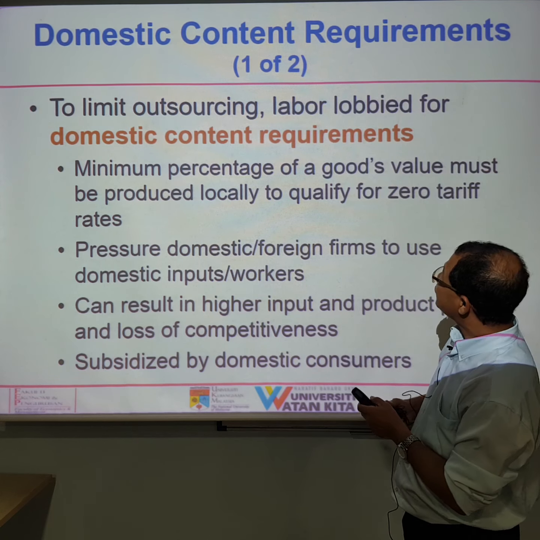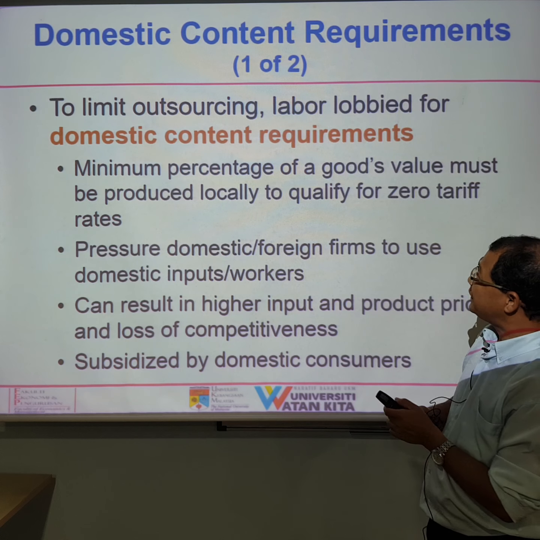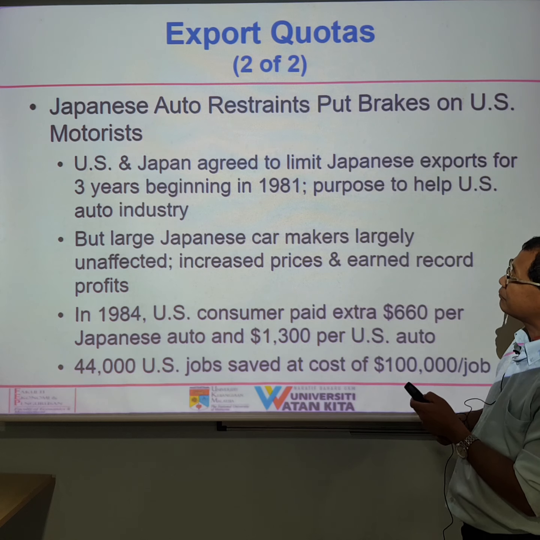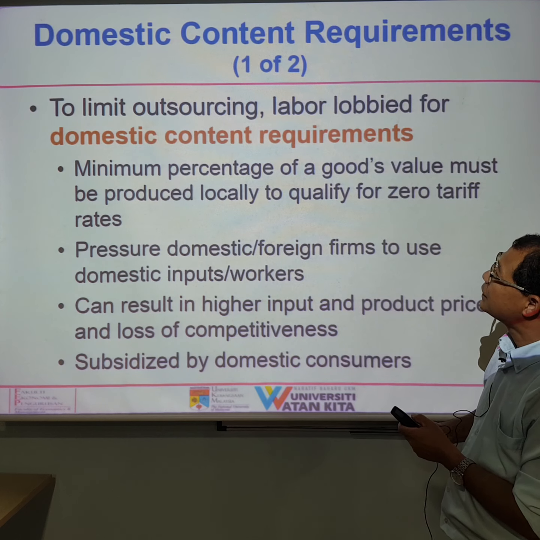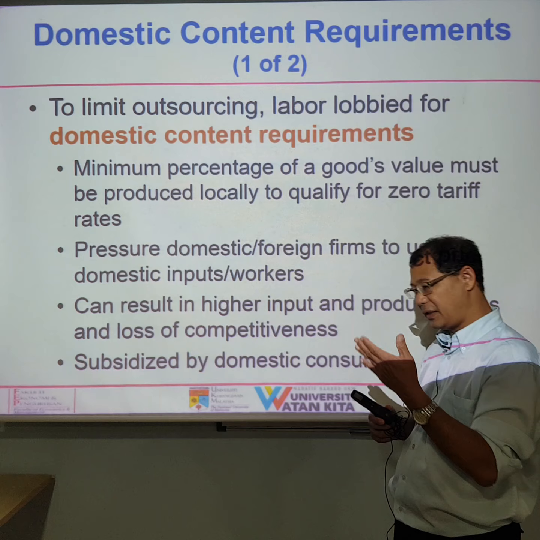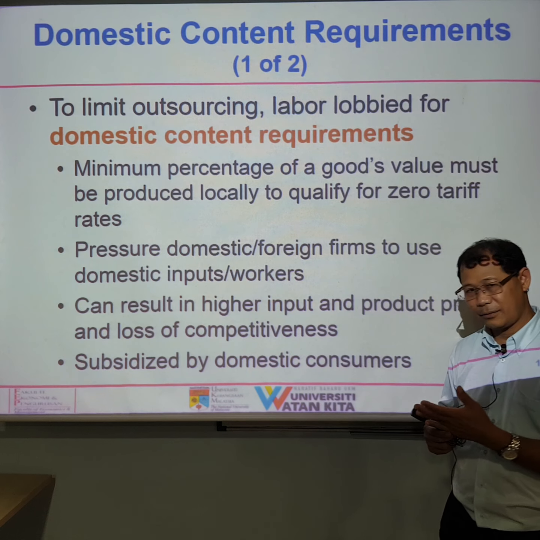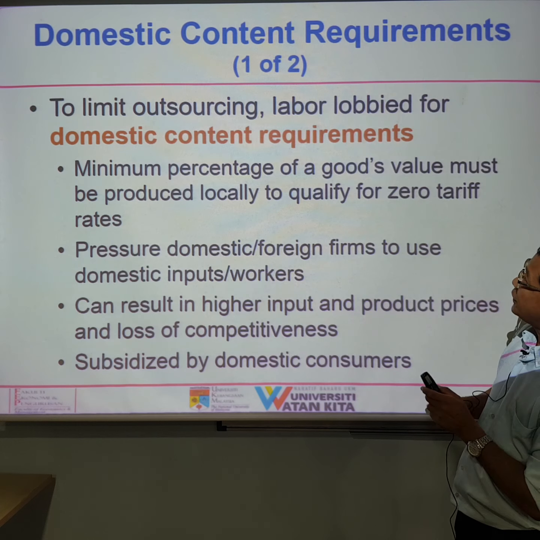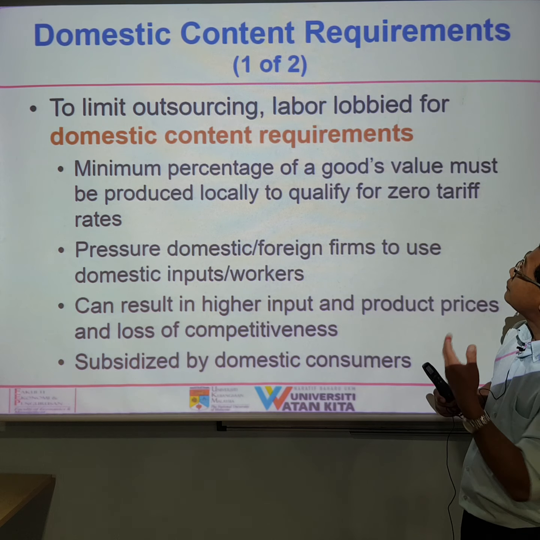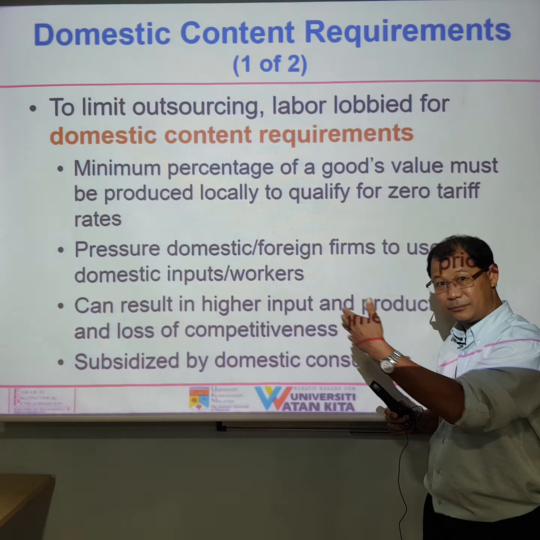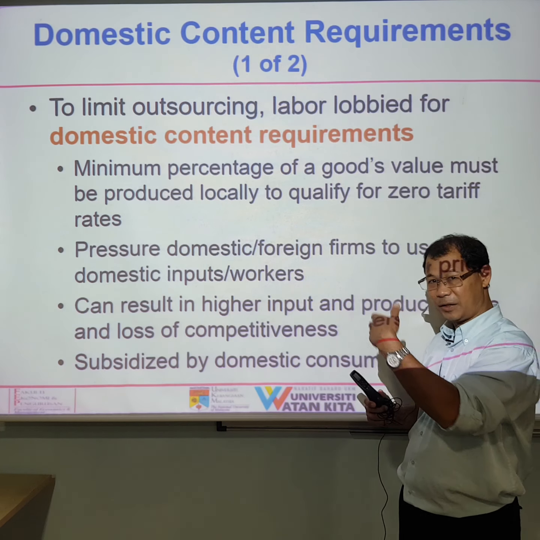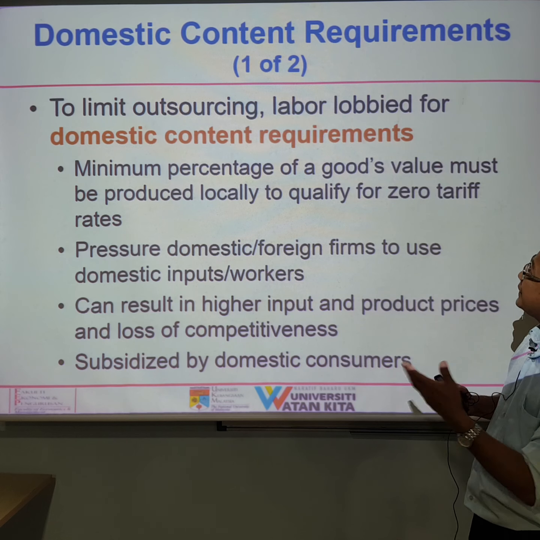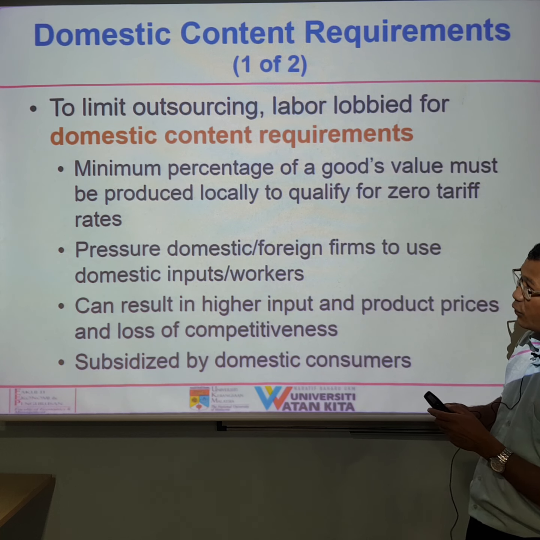To limit outsourcing, Labour lobbied for domestic content. Now, next is domestic content. We have just finished the export quota. Now, another subtopic, domestic content. To limit outsourcing of production jobs, manufacturing jobs, to other countries, Labour in the United States lobbied for domestic content requirements.